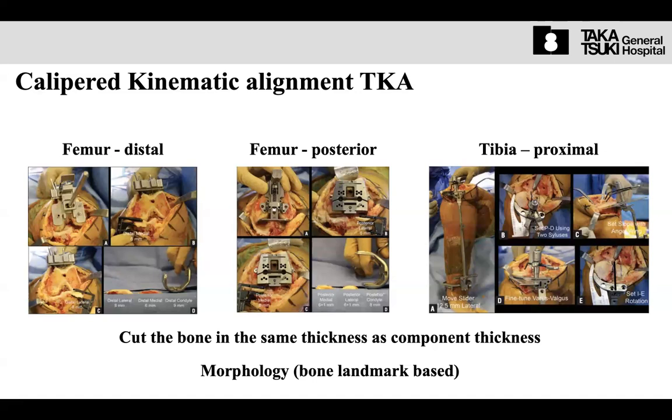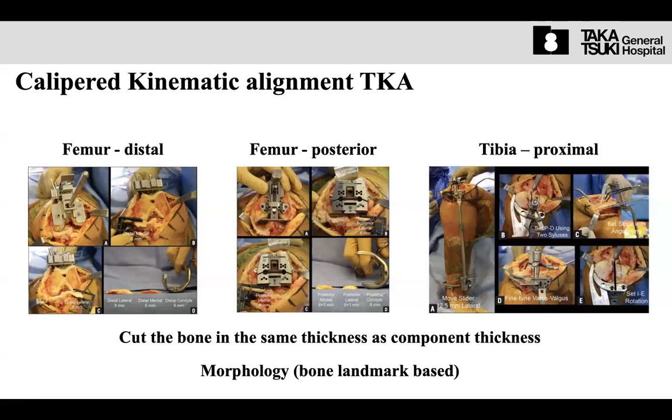Measure the size and make the drill holes for fixing the 4-in-1 cutting block. For mechanical alignment, our rotation should be adjusted to 3 degrees or 5 degrees.